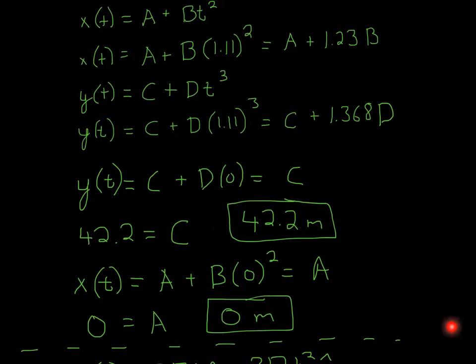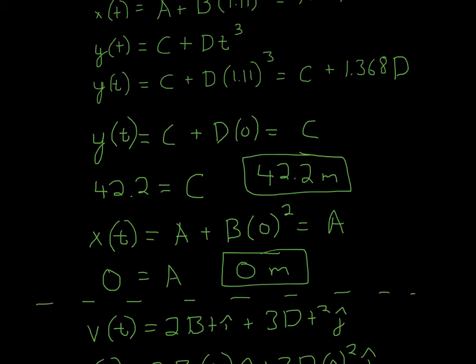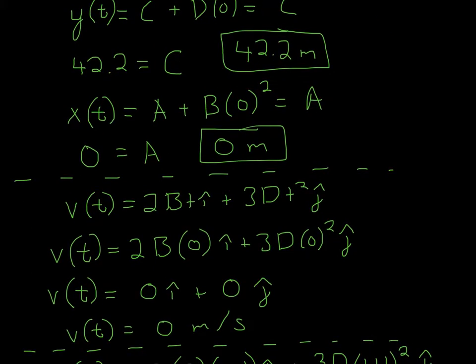Since the rocket is on the y-axis at the start, there's no x. That means at time equals 0, x will be 0. So I plug in time equals 0, and I get a, because everything else goes to 0.